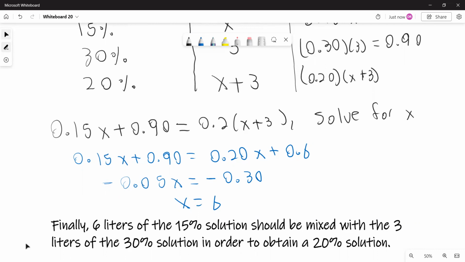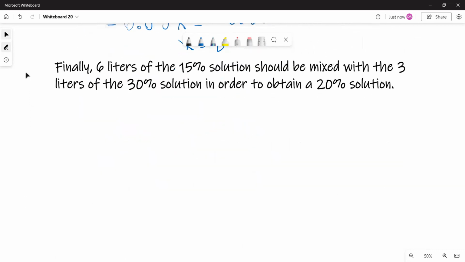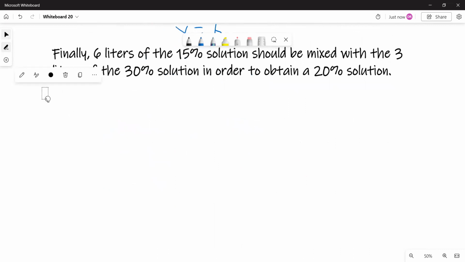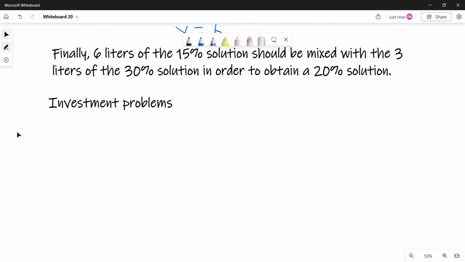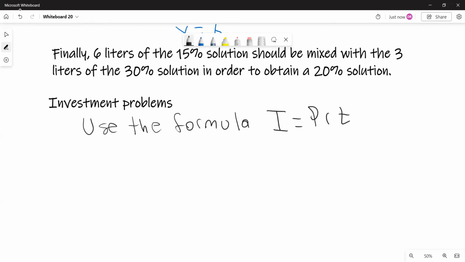Okay, so the last two examples involve investment, and we're going to use the formula that I mentioned. We are going to use the formula I equals PRT. I mentioned this in the last section.